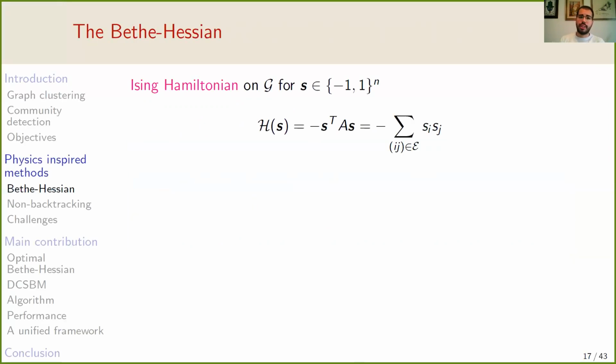To understand the Bethe-Hessian, we must first talk about the Ising model on the graph G. We assign to each vertex, each node of the graph G, a spin variable, 1 or -1, which can be thought of as a small magnet.